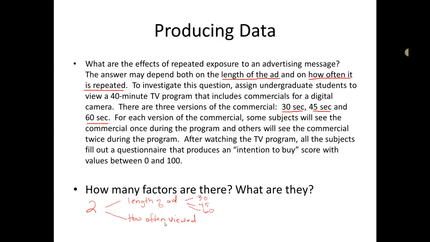For our other factor, how often it's viewed, it says that some people will see it once during the program, other people will see it twice during the program. So for the factor of how often the advertisement was viewed, it has 2 levels, once and twice.